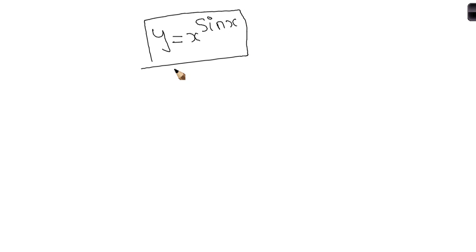So take the function y is equal to x power sin x. I would like to find the derivative of this function. So the first step would be to apply log on both sides. So it becomes log y is equal to log of x power sin x.